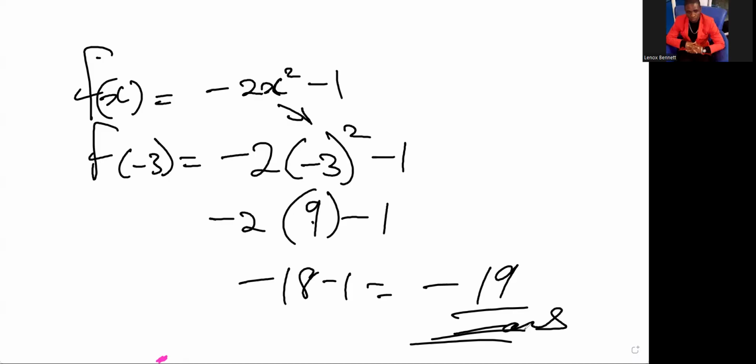Negative 19, and you don't mark it right. Oh, a negative 19. Alright. Okay, I see where I went wrong. I don't go too far from the mark, though.